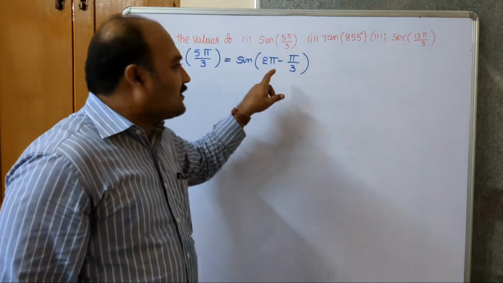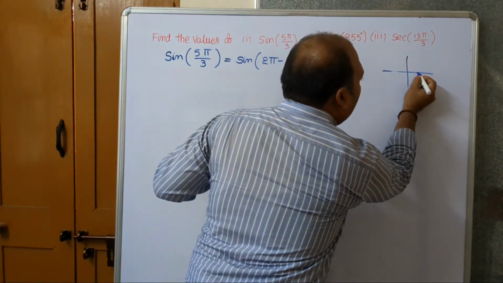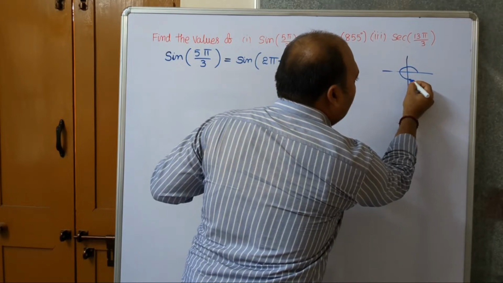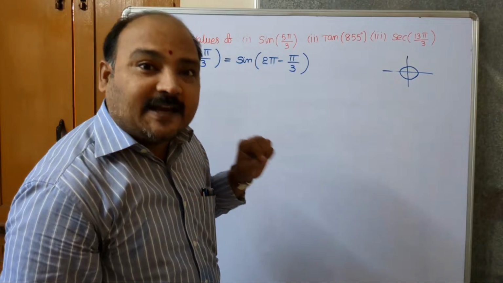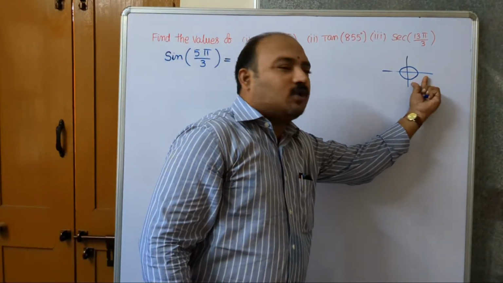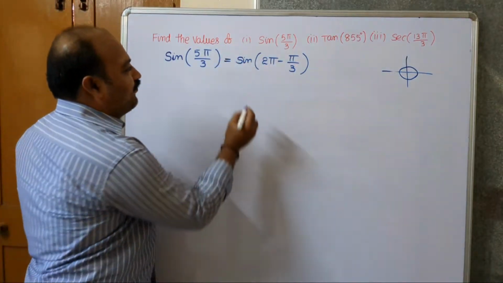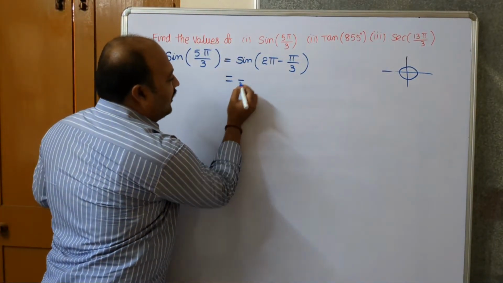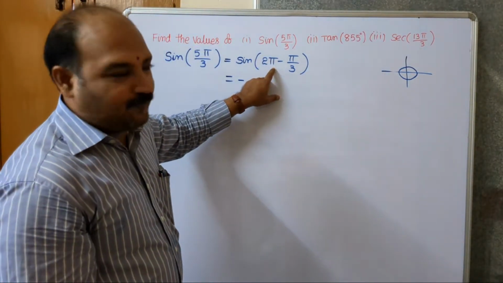After that, sine of 2 pi. From here to here it is pi, from here to here it is 2 pi. 2 pi minus pi by 3 means 60 degrees. So in the fourth quadrant sine is negative, so minus will come. 2 pi is an even multiple of pi by 2.